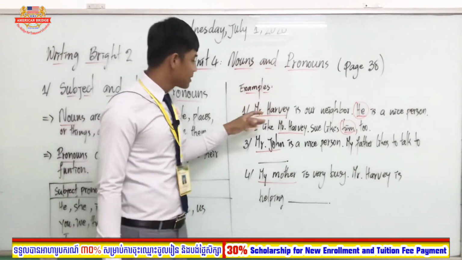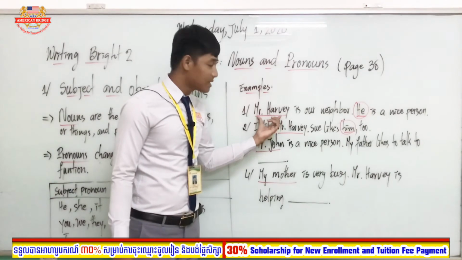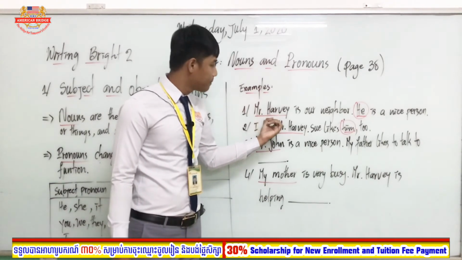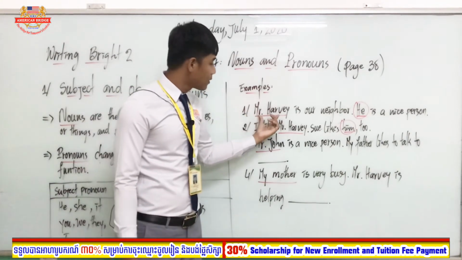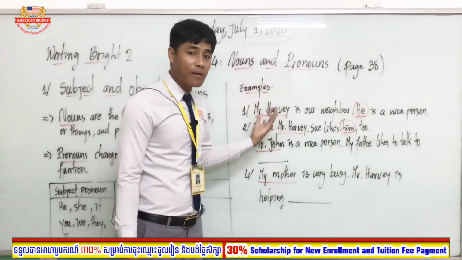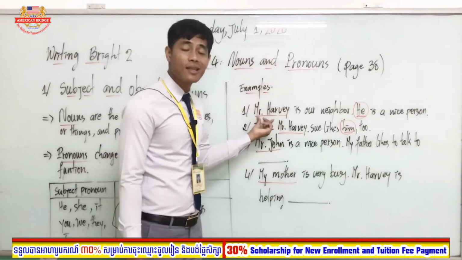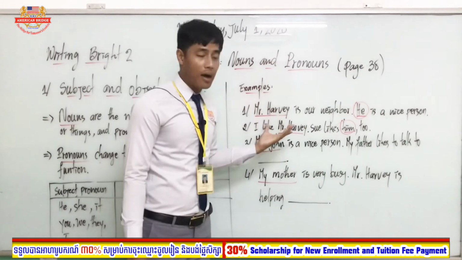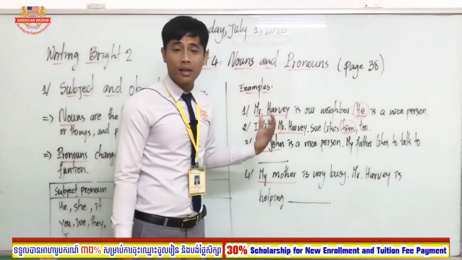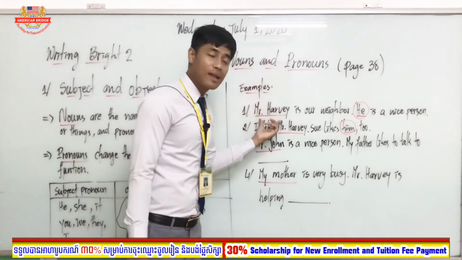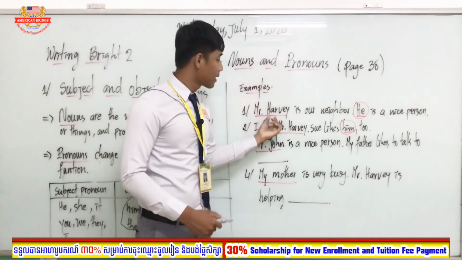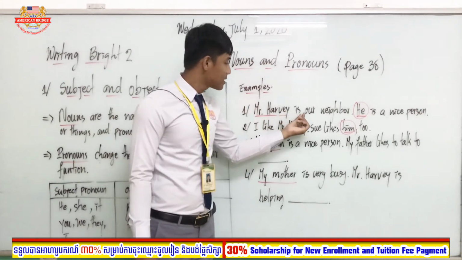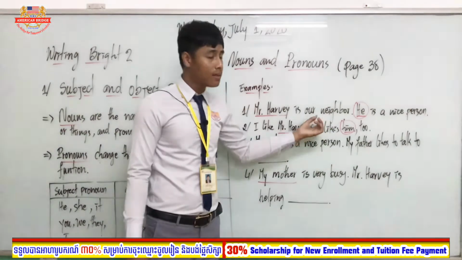Okay, everyone. So let's see this. Teacher underlines this is the subject, and also it's a noun, right? Why do we say this is a noun? Because this is a name, Mr. Harvey. So Mr. Harvey is the name, right? So this is a noun. Mr. Harvey is our neighbor.